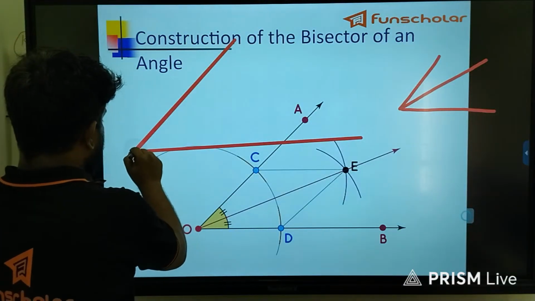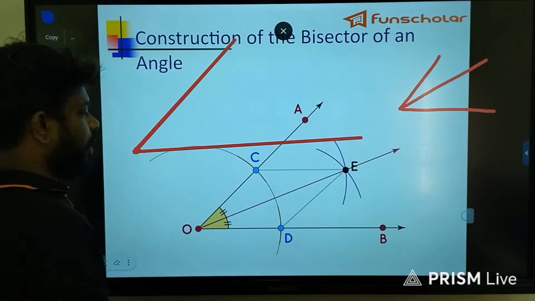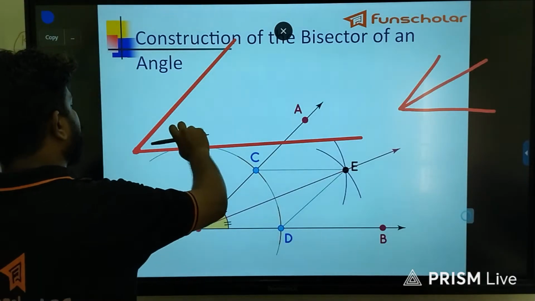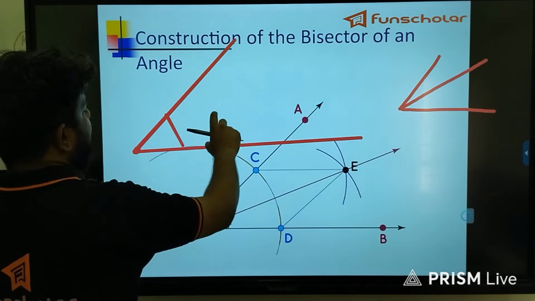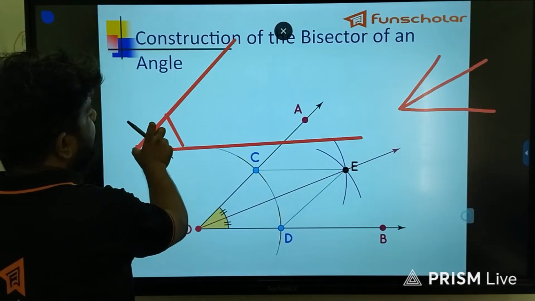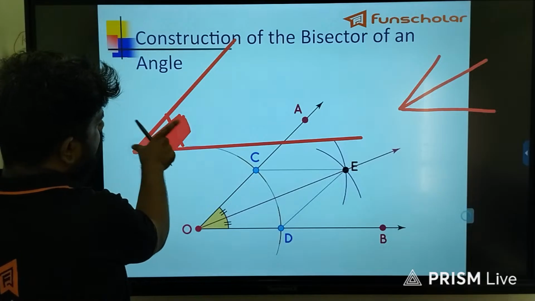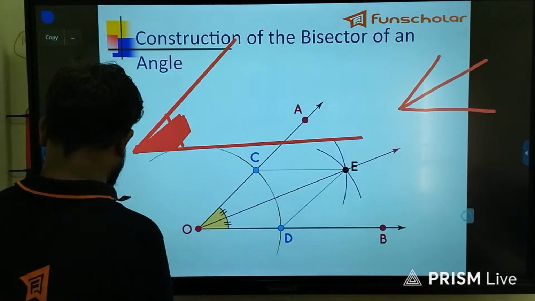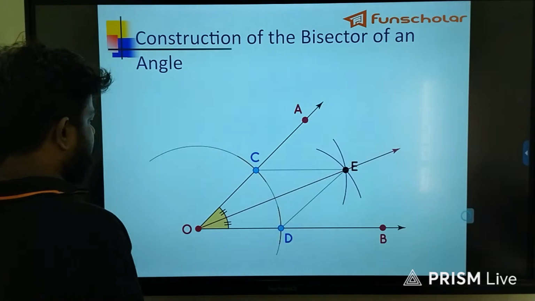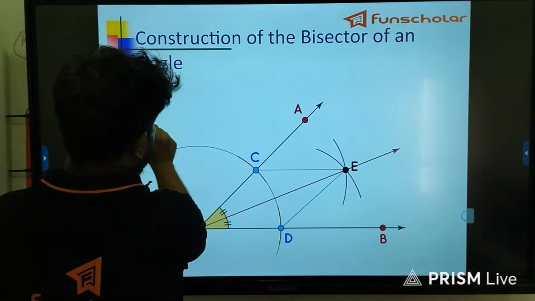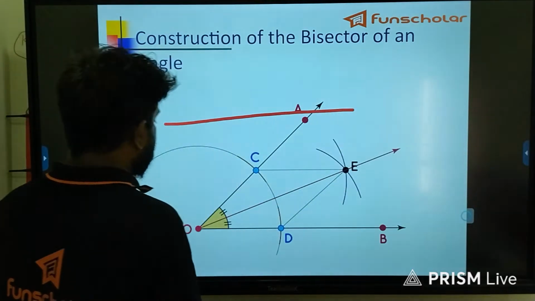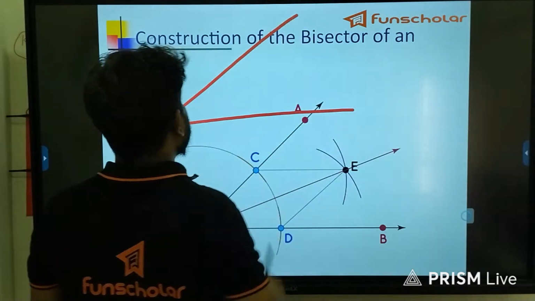Take the angle here like a point and measure the two angles like this, and draw an arc here. Okay, take a straight line first, and the angle is given like this.